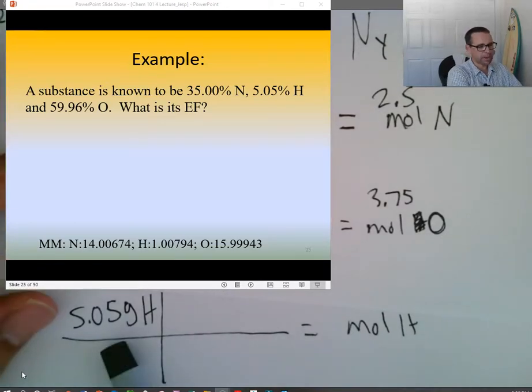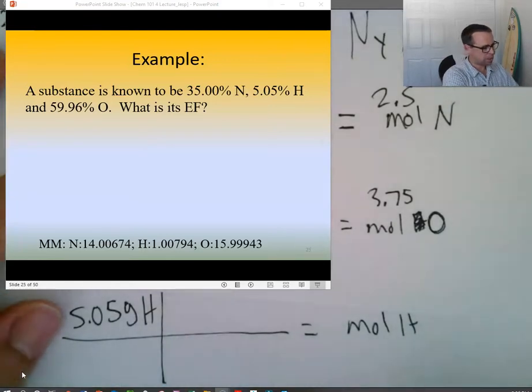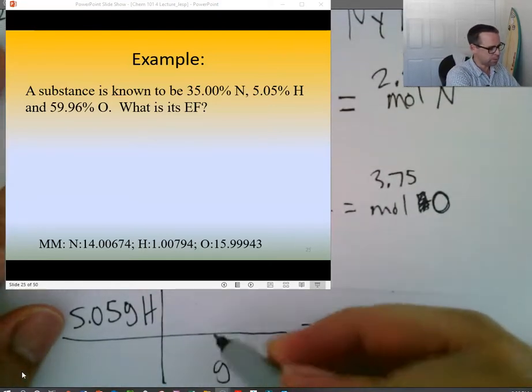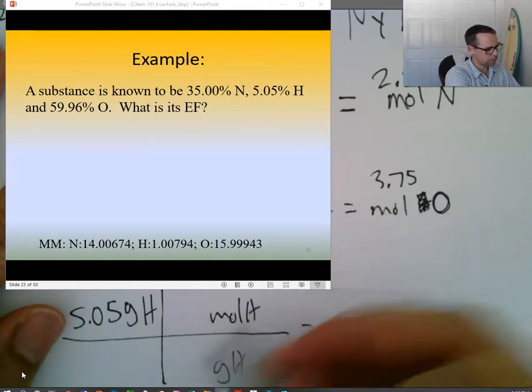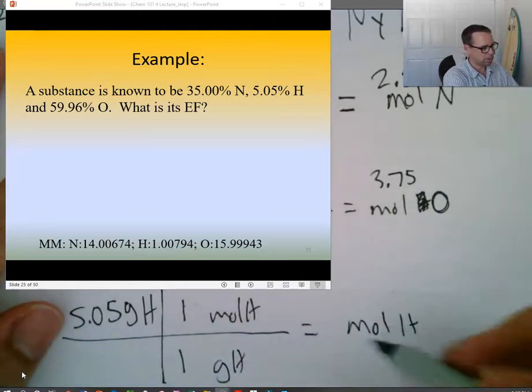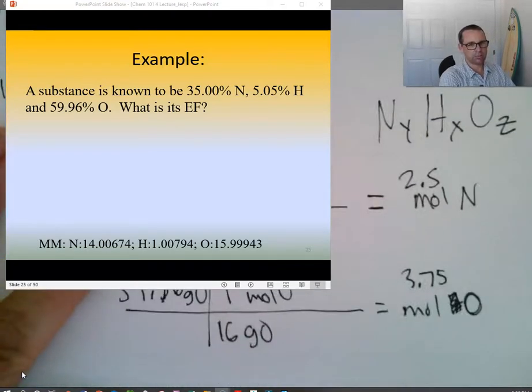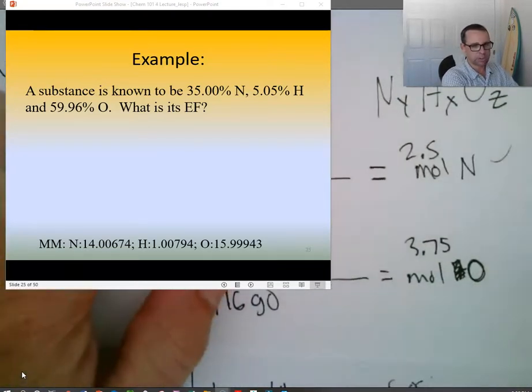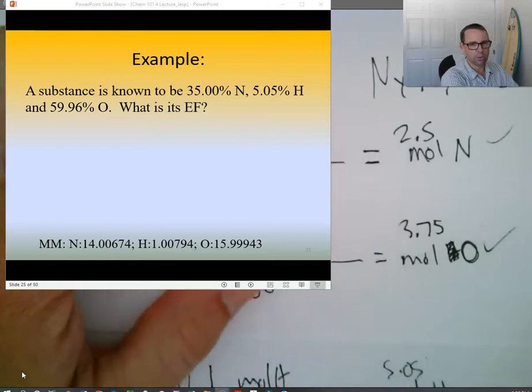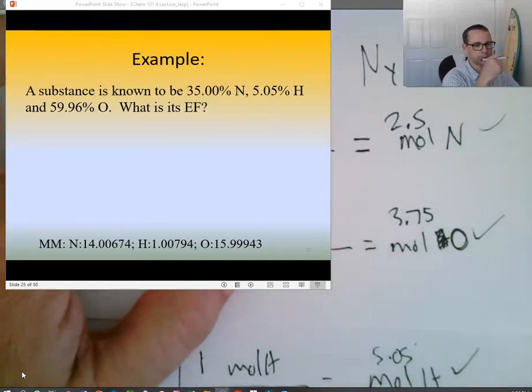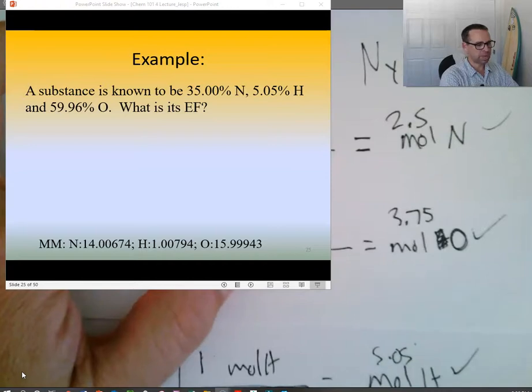So we have 5.05 grams of hydrogen, and now we convert grams of hydrogen to moles of hydrogen. That's an easy one, it's just 1, so that's our 5.05. Now I have 2.5 for the moles of nitrogen, 3.75 for the moles of oxygen, and 5.05 for the moles of hydrogen.